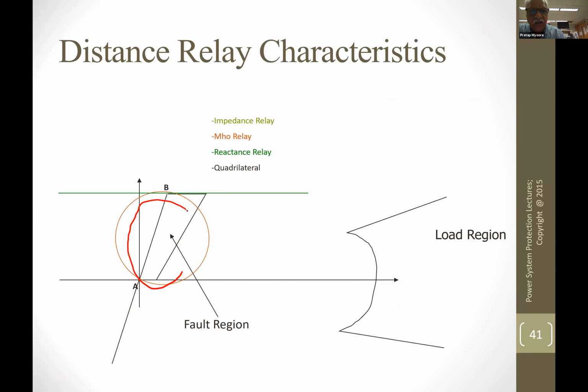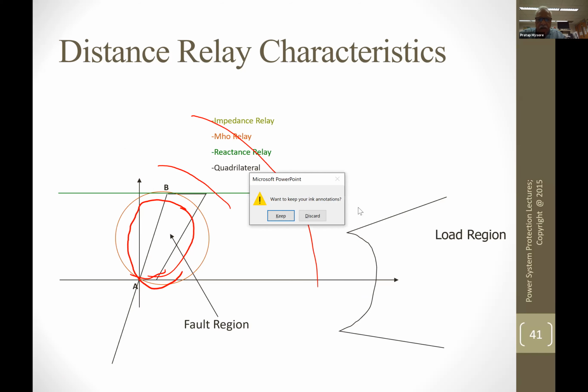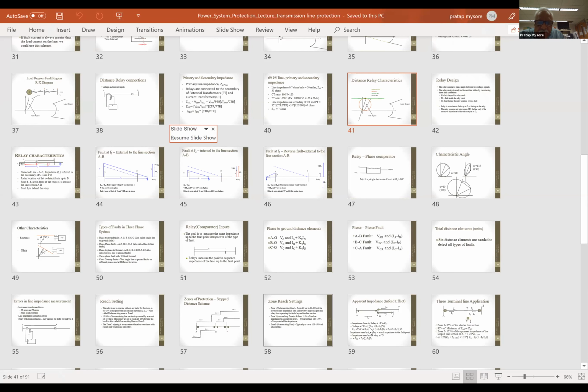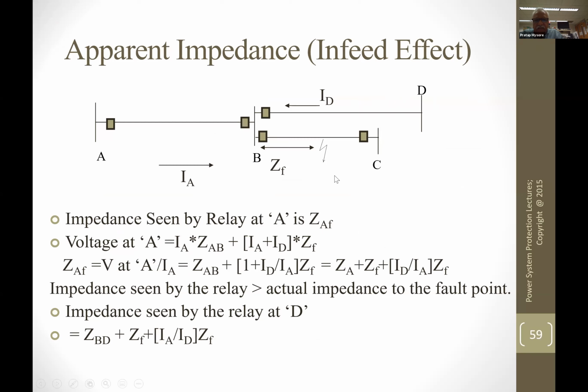It is assumed to be a circle. And then zone 2 is way beyond this, and zone 3 can come like this. So you have to make sure that your zone 3 is not getting into the load region. Modern relays allow you to chop off the load portion, and then they take care of this kind of problem. They can shape the characteristics to exclude whatever load we don't want.